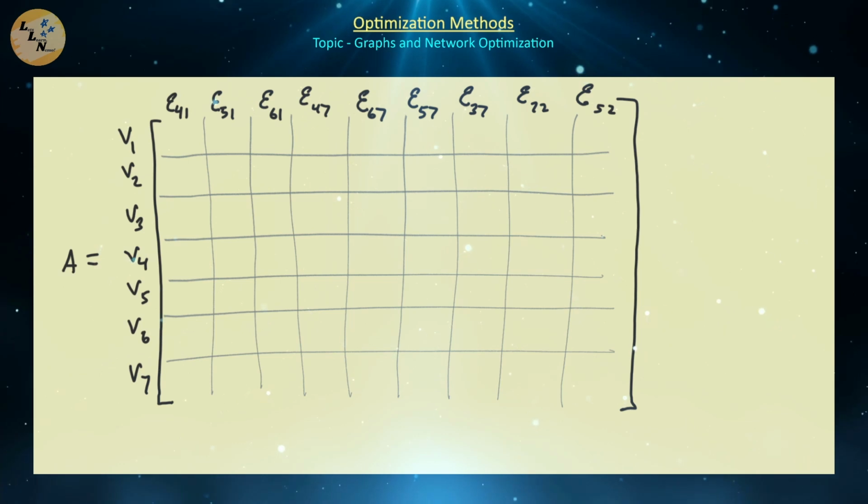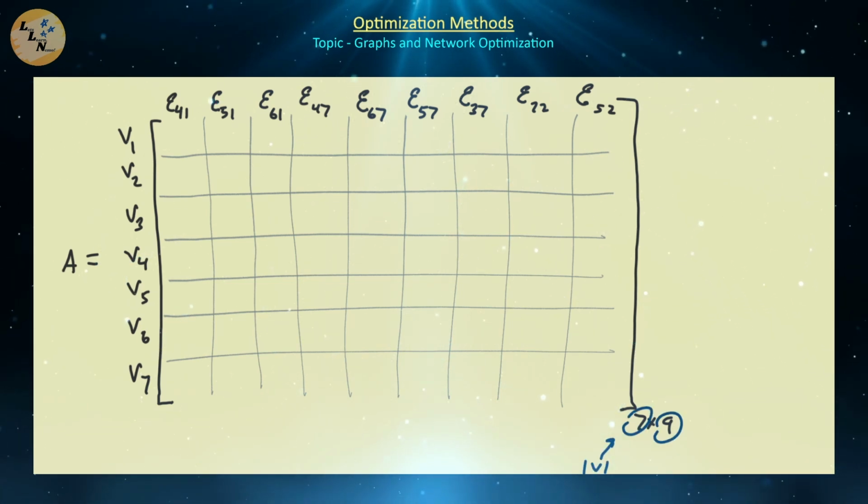You'll get the same answer, but the original matrix may be a little permuted if you want to use a different order. But keep in mind that this is going to be a 7 by 9 matrix, where 7 is going to be the number of vertices and 9 is going to be the number of edges in your particular graph. So in this particular matrix, you should only have either 1 or -1 inside this matrix.